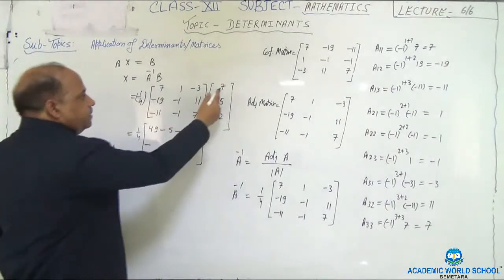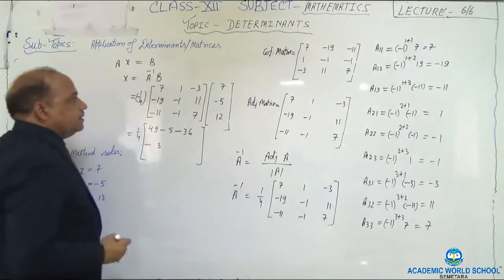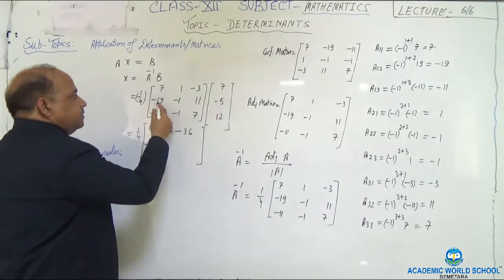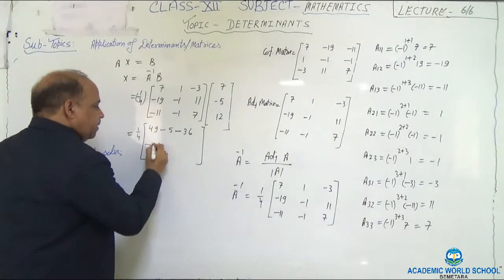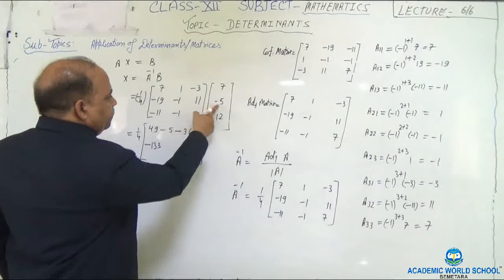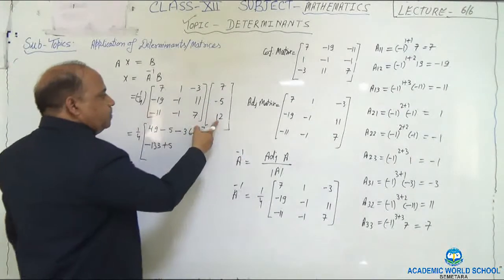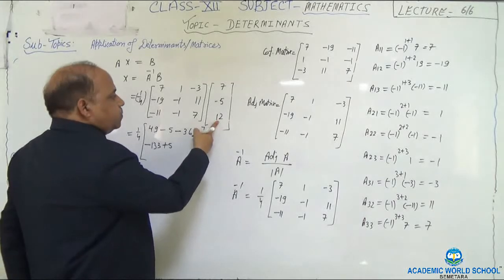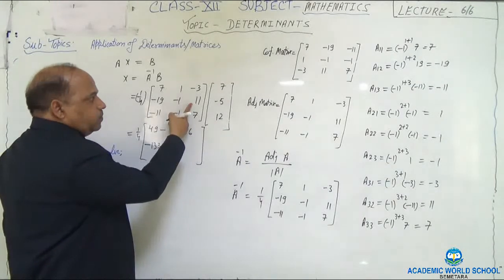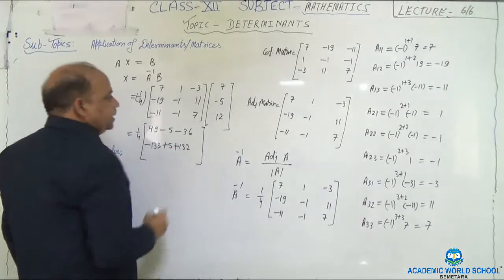So what will that be? 7 nines are 63, 3 carry 6, 7 ones are 7 plus 6, it will become 133. Then multiply minus 1 with this minus 5, it becomes plus 5, and then 11 into 12. So 11 into 12 means 12 tens are 120 plus 12 is 132. It gives you plus 132.